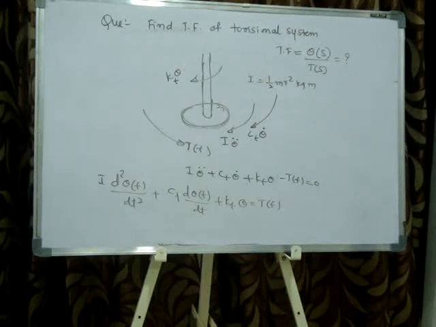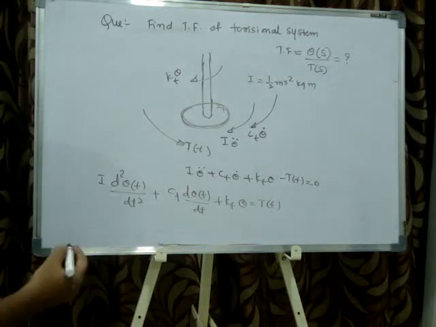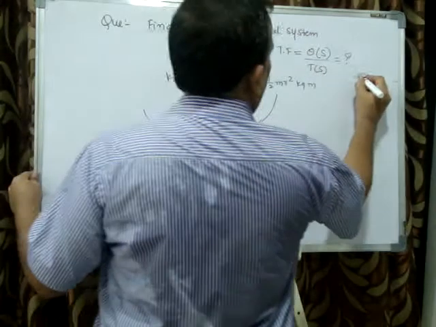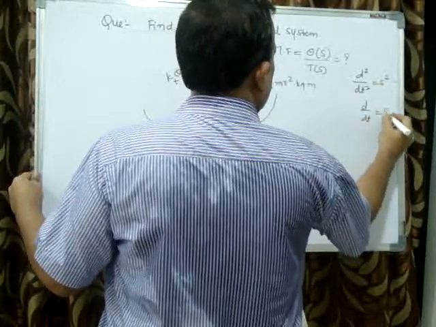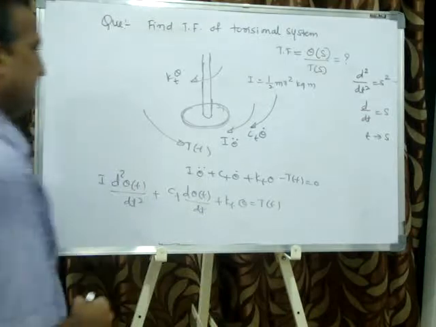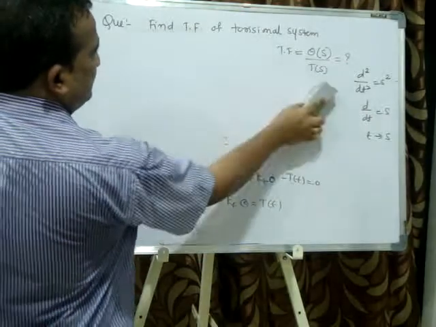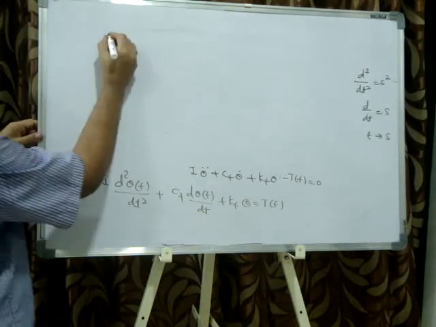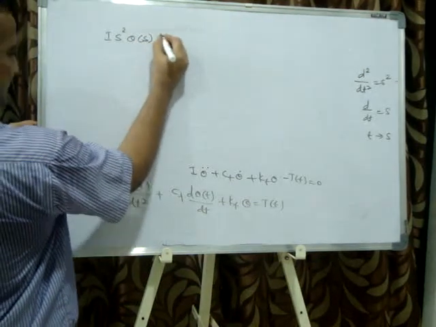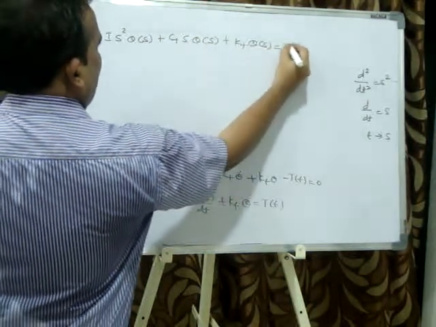To convert the differential equation into a simple algebraic equation, by using what? Laplace transformation. Taking a Laplace transformation, you know that d square by dt square is equal to s square, and d by dt is called s. Okay. Now I s square theta of s plus Ct s theta of s plus kt theta of s equal to T of s.